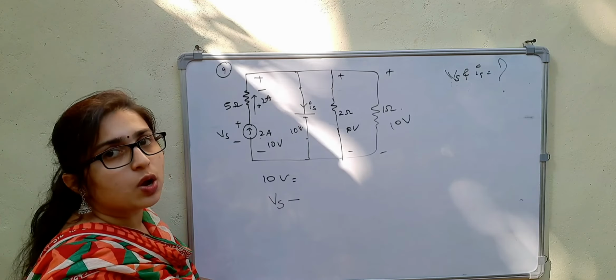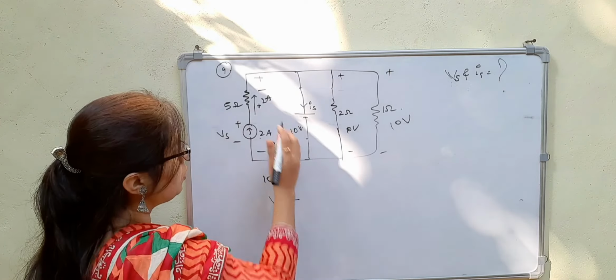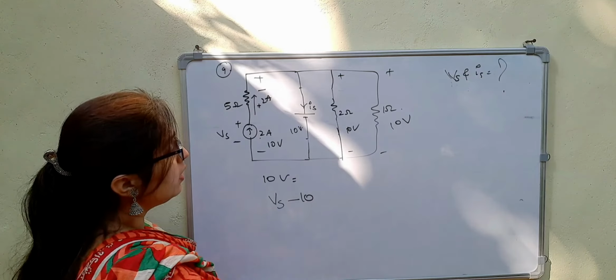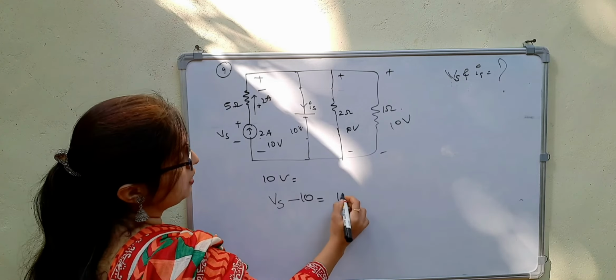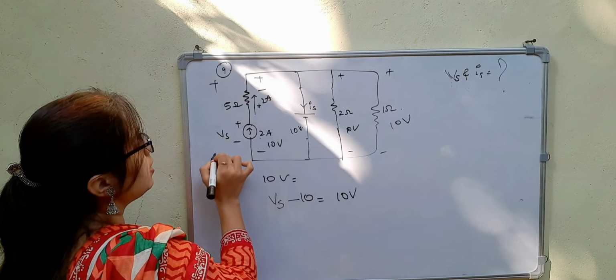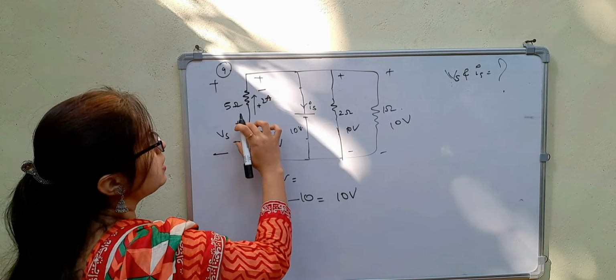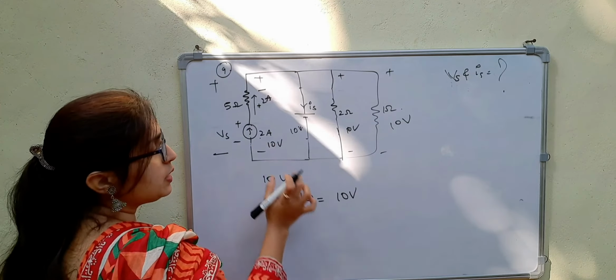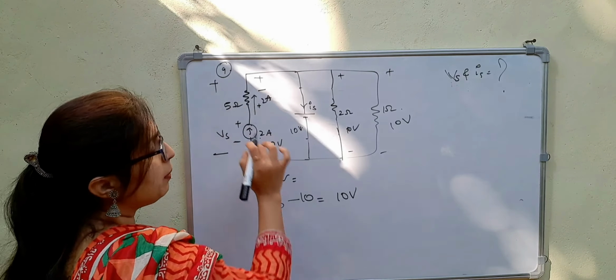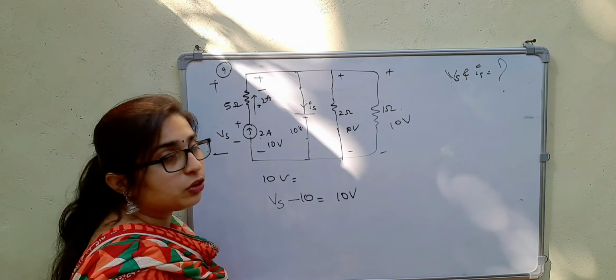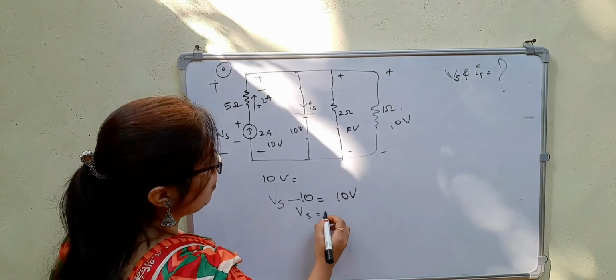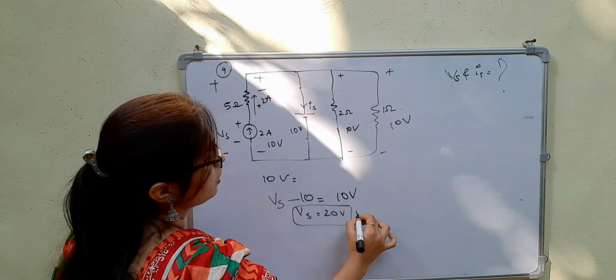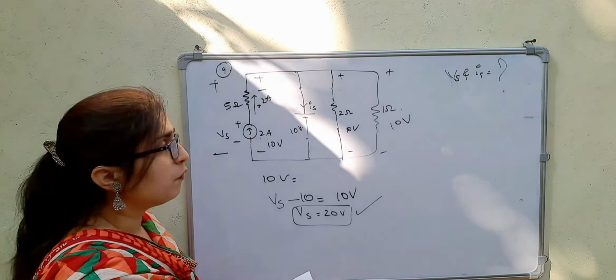So the voltage drop will be equal to 10 volts. So Vs minus 10, that is equal to 10 volts. Okay, because see here, plus minus. So Vs will be the greater one. So greater minus smaller, that is equal to 10 volts. So Vs will be equal to 20 volts. So we got to know the value of Vs.